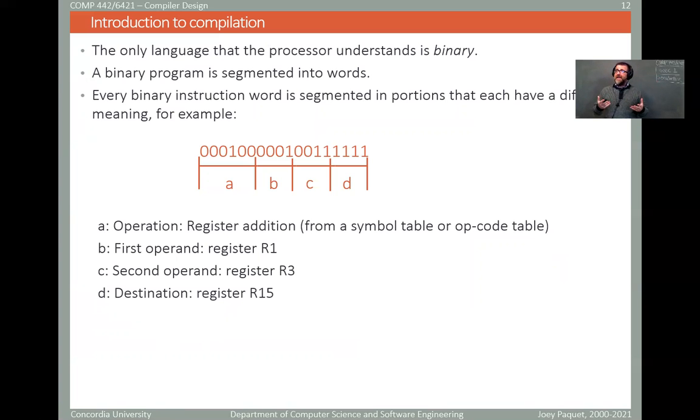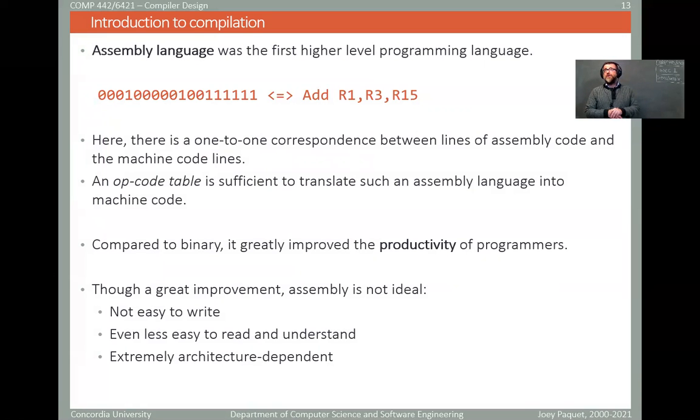Having a language that is such low level is not how our brain thinks. This is how the computer thinks, not how a human thinks. For a human to be able to express more elaborate concepts, they need a more elaborate language. So one of the first languages that were ever designed were assembly languages.